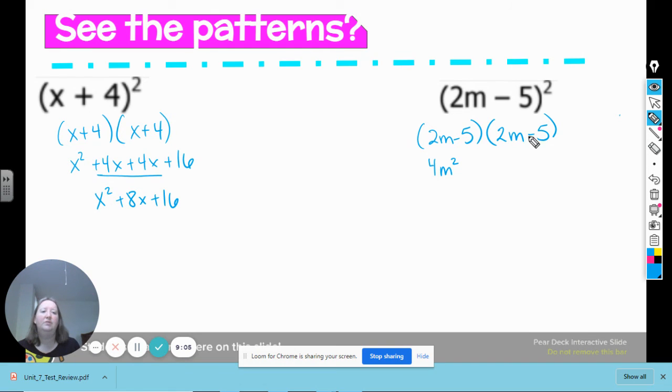Then 2m times a negative 5, negative 10m. Negative 5 times 2m, negative 10m. Negative 5 times negative 5 is a positive 25, right? Now combine what you can. And we have 4m squared minus 20m plus 25.